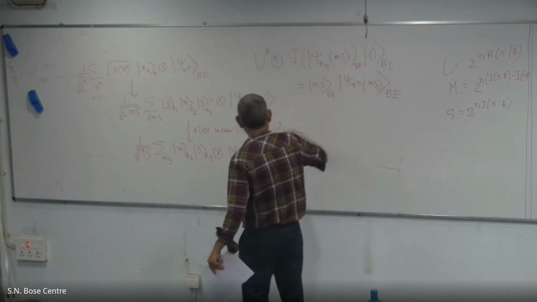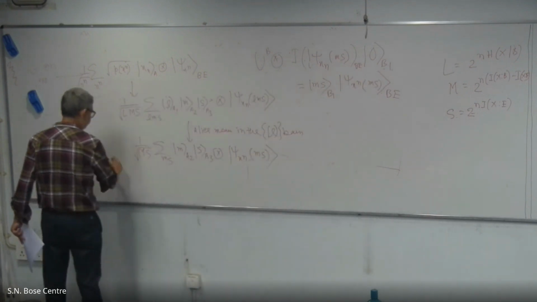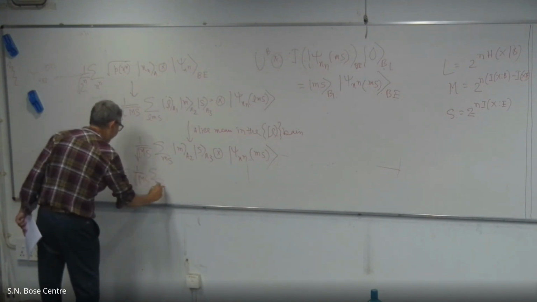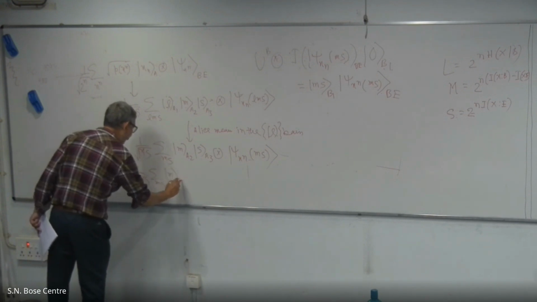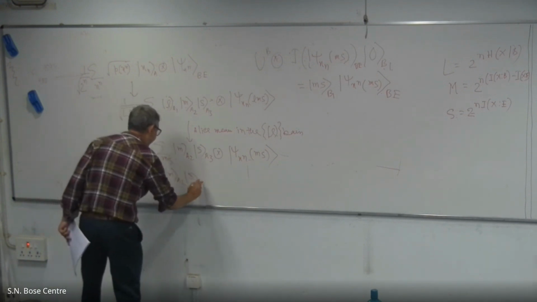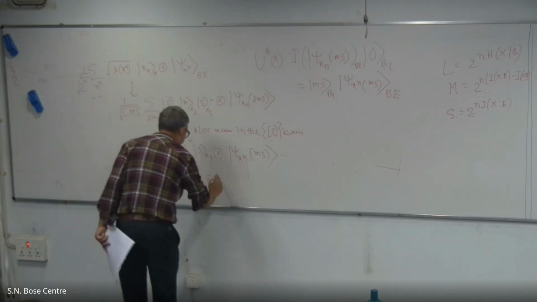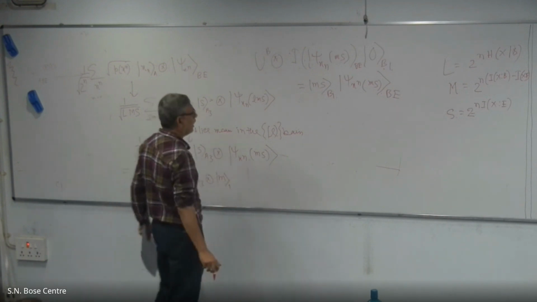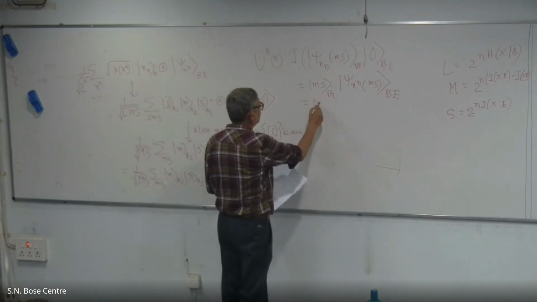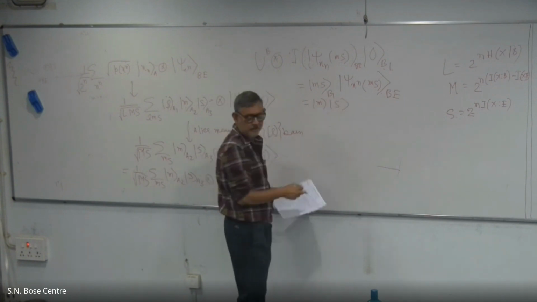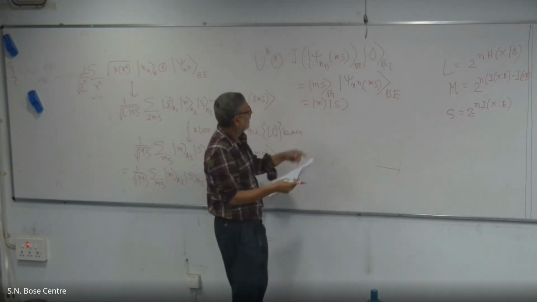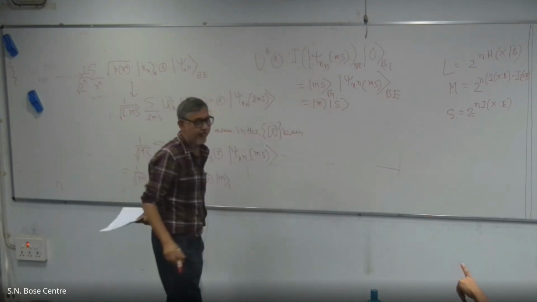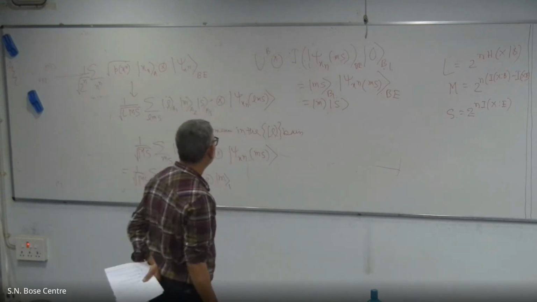I'm writing B1 first. So this state becomes, I can put this as also M and this, because I can swap this thing to M. Sir, that unitary is on the B1 system, right? Yeah, first.